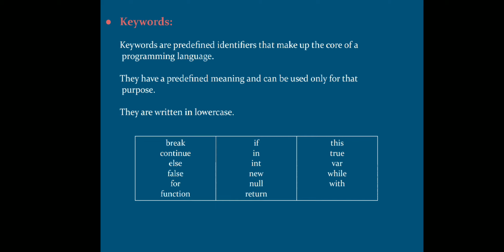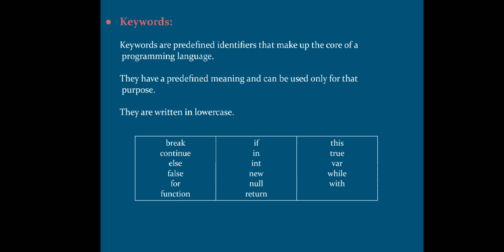Here is a list of keywords available in JavaScript. Break, you know the use of the break statement, it's a control statement. Continue, if, else, all these are control statements. Likewise, true, false, those are boolean values, etc. You can see the list of keywords.